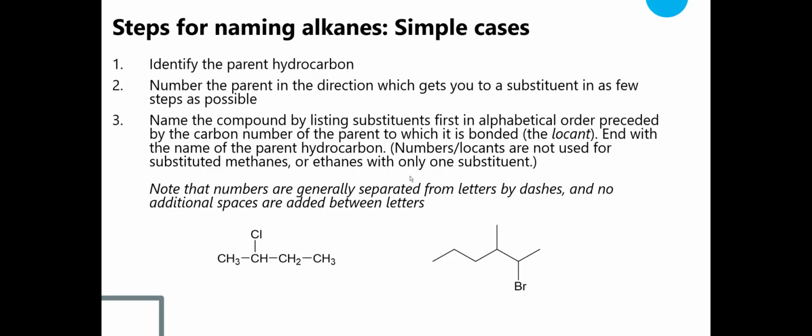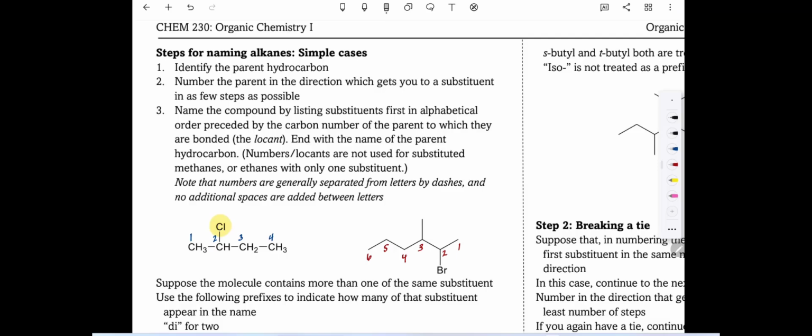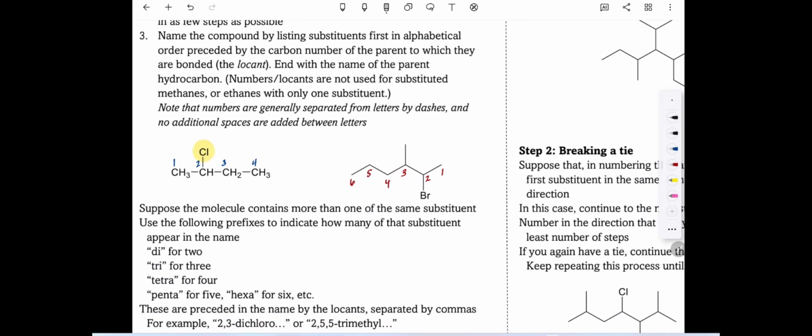There are also some grammar rules that you should be aware of, namely that when we use numbers, they're generally separated from letters using dashes, and we do not put extra spaces in between letters. So let's go back to our notes and finish naming this compound. Okay, I'm going to move this up a bit, and we're going to assign our name to this compound on the left.